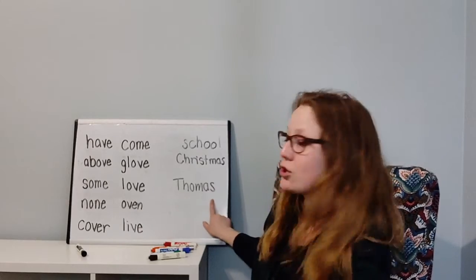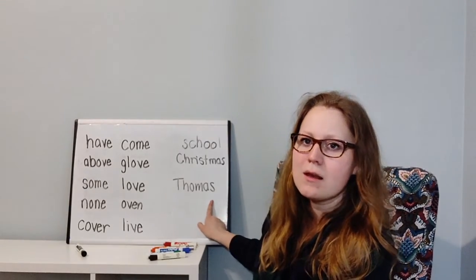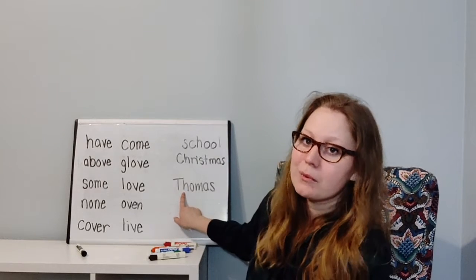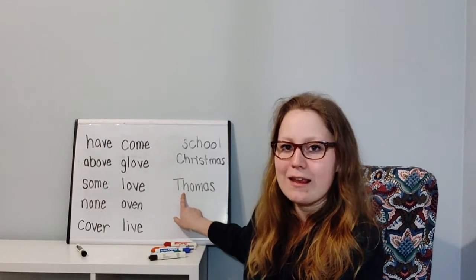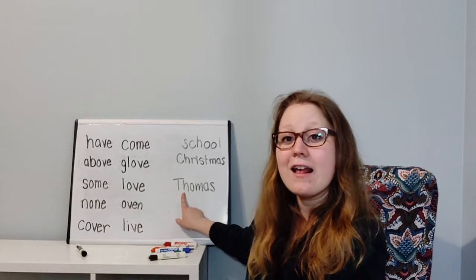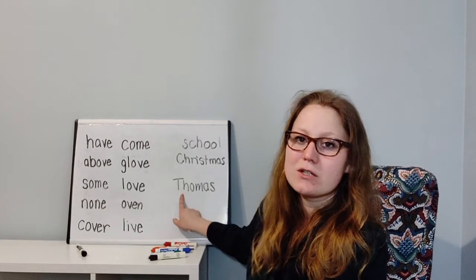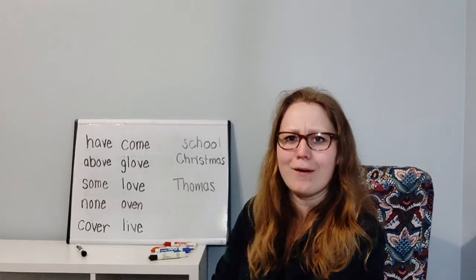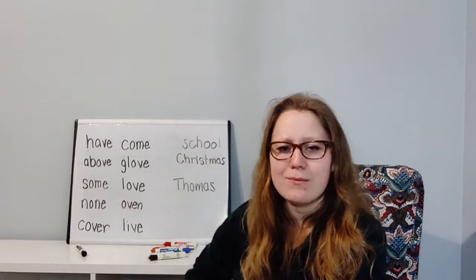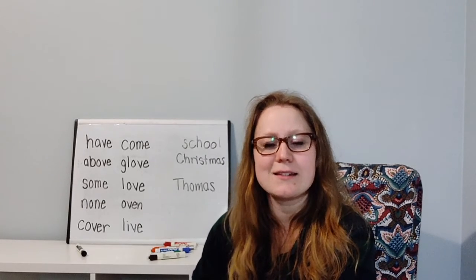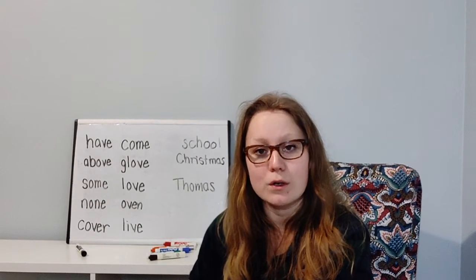We read this word as "Tomas." It's a name, but there is a TH in this word. And normally when we see a TH in a word, it says "th," but this is a rule breaker word, and it says "Tomas," not "Thomas." So for today, we are going to learn about some TH words and some WH words.